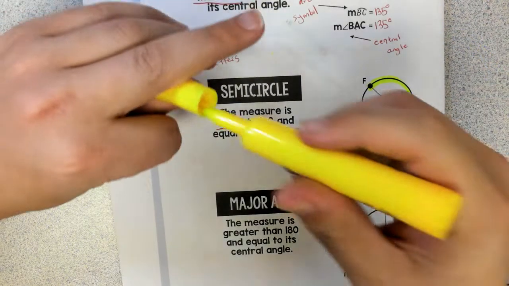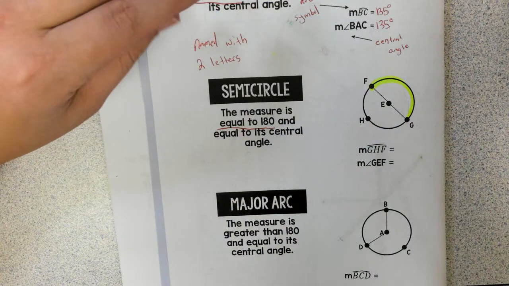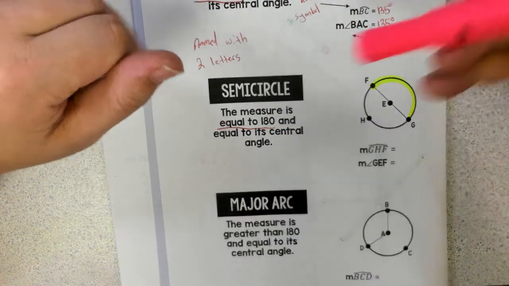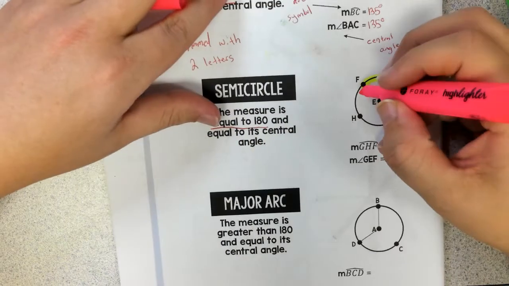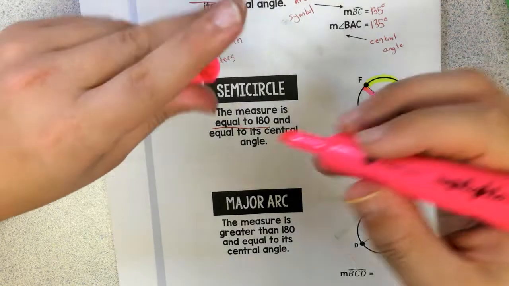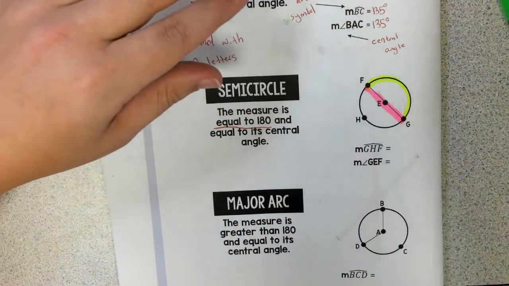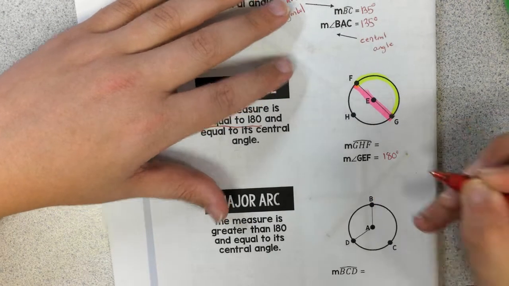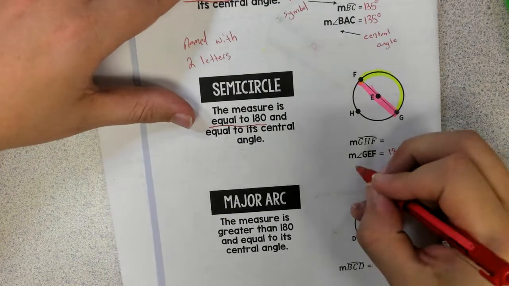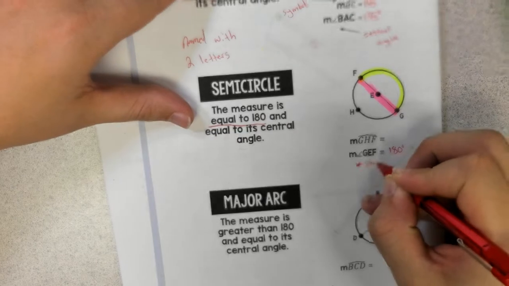So the yellow is our semicircle arc, which is equivalent to the central angle, so they should both be 180 degrees. Once again, my central angle is in pink, and as you see, it's a straight line, and if we know anything about straight lines, they are worth 180 degrees.